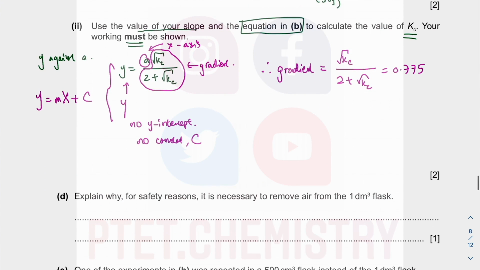Now really your job is to make Kc the subject. So Kc is equal to 0.775. Use brackets, alright? I cannot stress that enough. This whole thing is multiplied by 0.775, and this is where a lot of students would have made a mistake. They thought it's just 2 times 0.775. No. This is a plus. It brings up the whole thing.